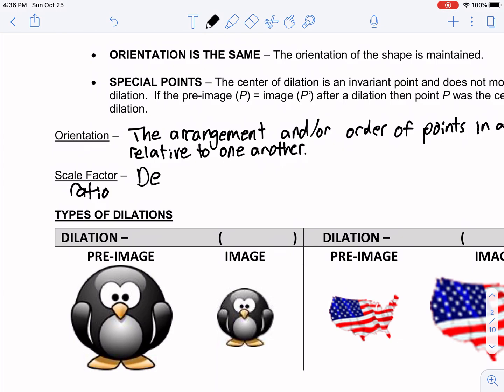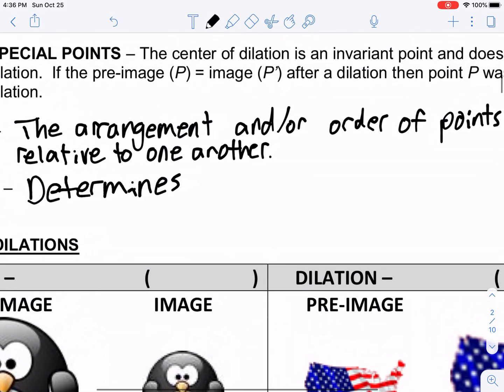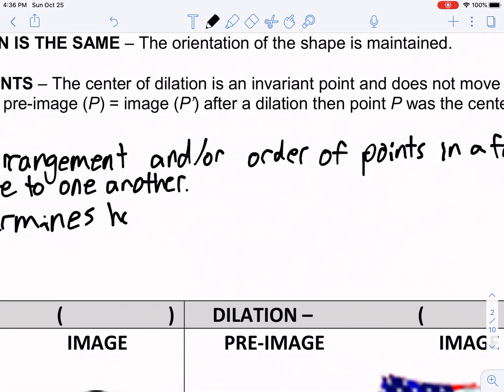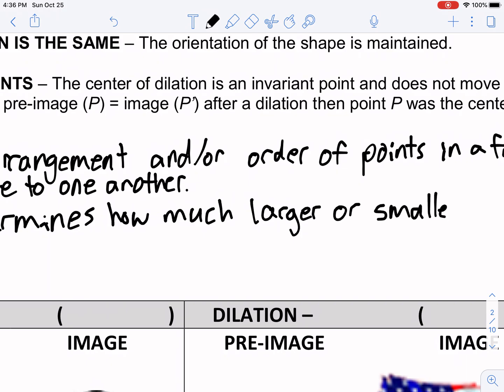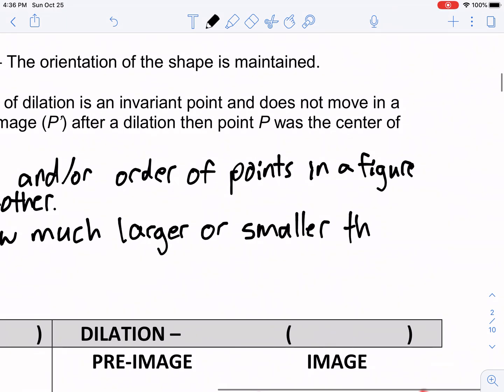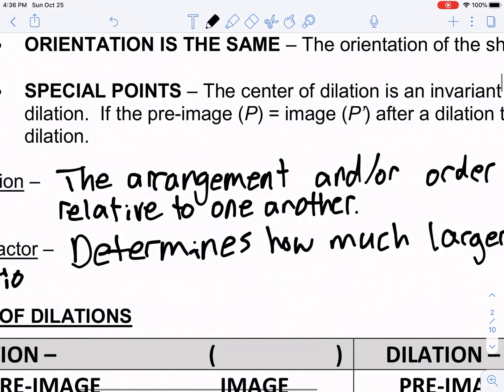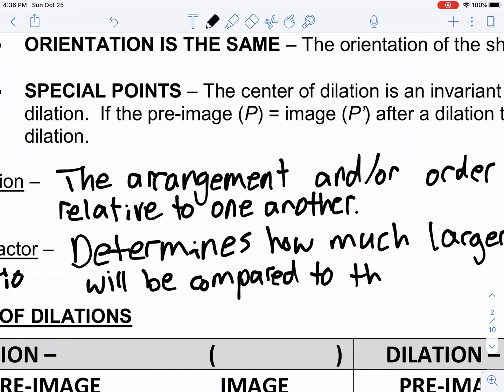It determines how much larger or smaller the image will be compared to the pre-image.